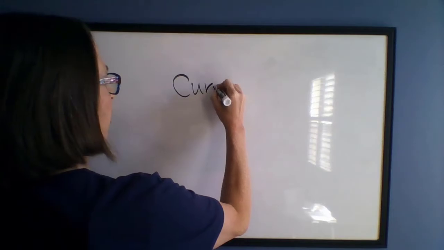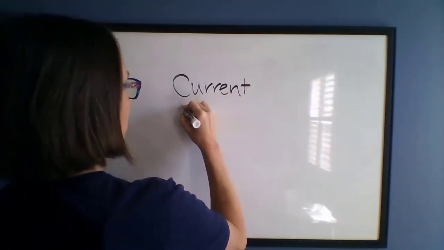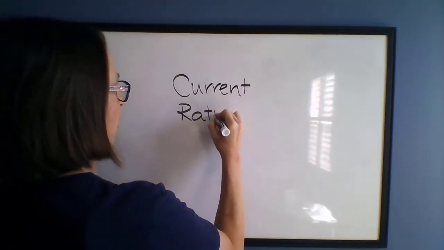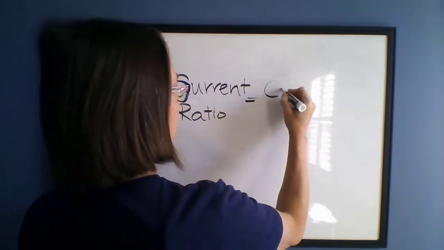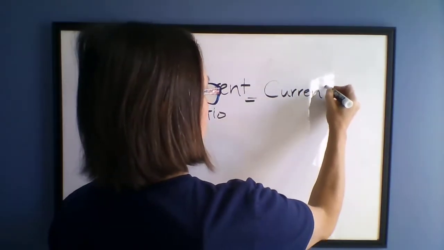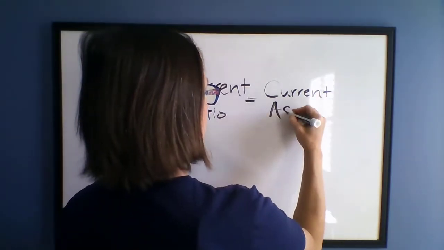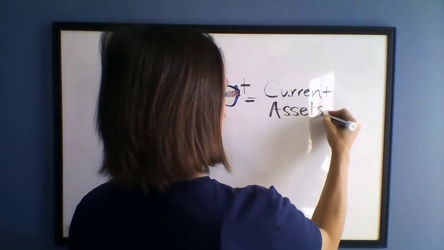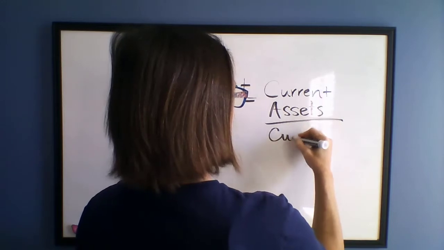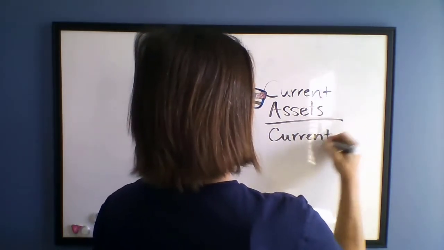So the current ratio should be easy to remember: current ratio equals current assets divided by current liabilities.